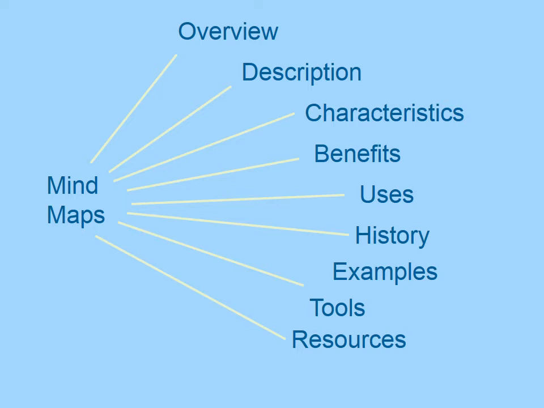Then describe the concept in two or three meaningful sentences, and draft certain characteristics associated with that concept or idea. Find out the benefits and uses, history, examples, tools, resources, and all the various aspects that need to be involved in the process of drafting mind maps, which is very important and critical.